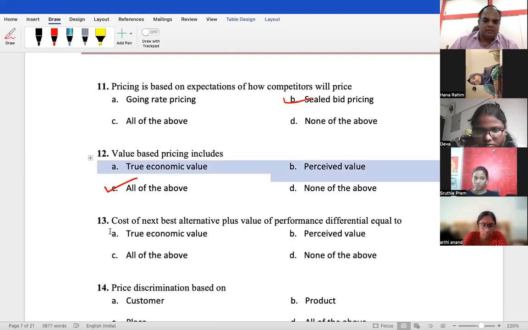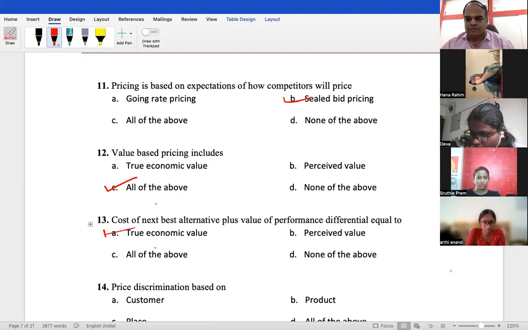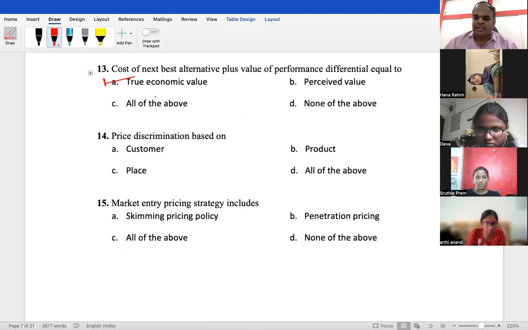Answer is true economic value. Refer to one small sum also given in the class notes for true economic value. Okay, we'll work it out also. In case study based questions, we'll work out true economic value if time permits.